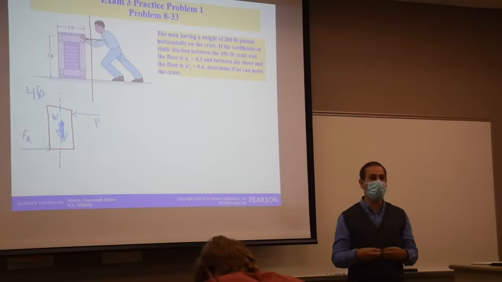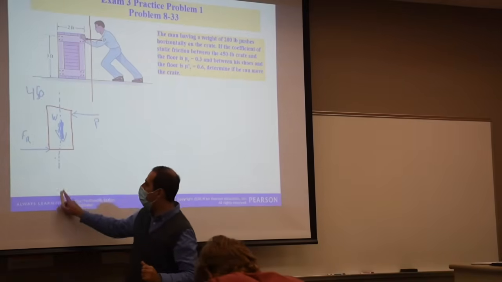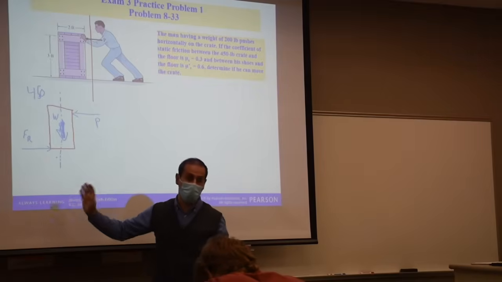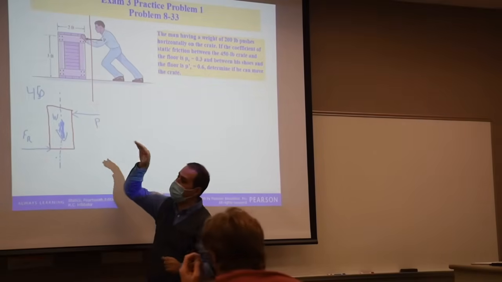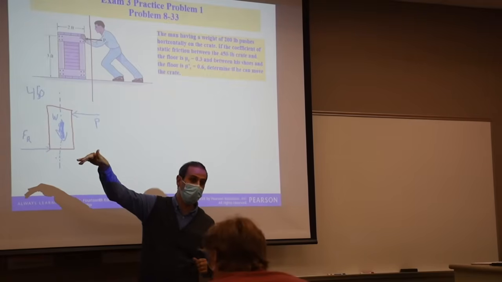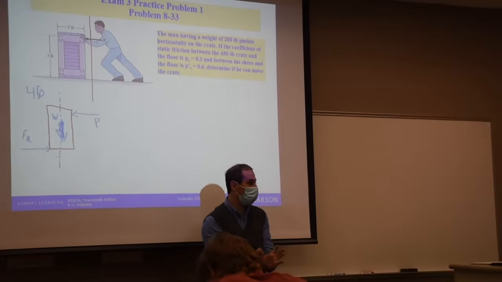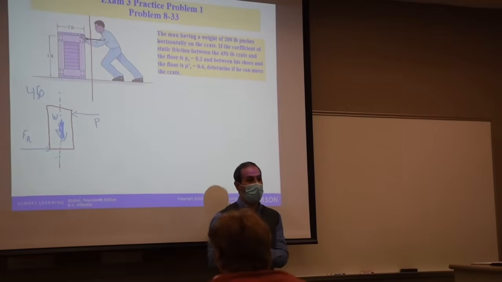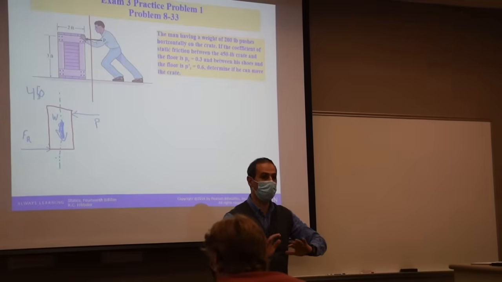Now, here's the thing. Usually people will put the normal force on the same line of action of the weight. However, see P, the subject is pushing on the top of the box, correct? So he's not pushing on the middle of the box, the centroid, which means that there should be a moment to prevent tipping of the box, right?